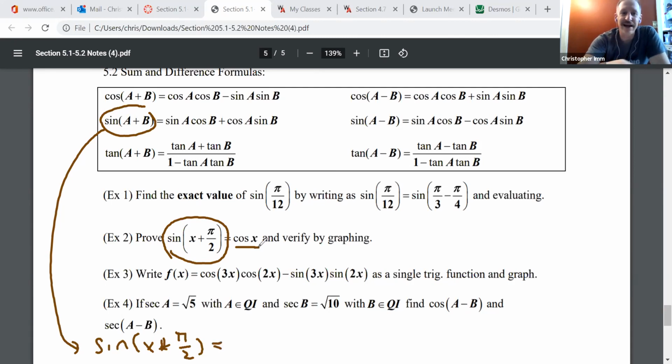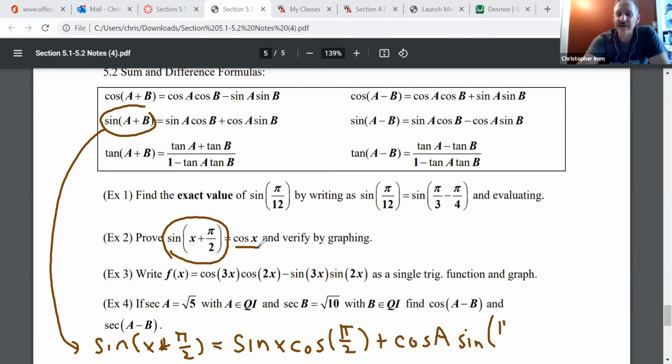So using that formula, that's just going to be sine of the first angle x times cosine of the second angle pi over 2, plus cosine of the first angle x times sine of the second angle pi over 2.